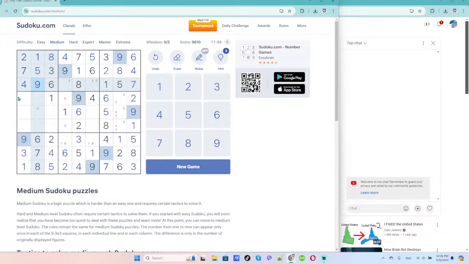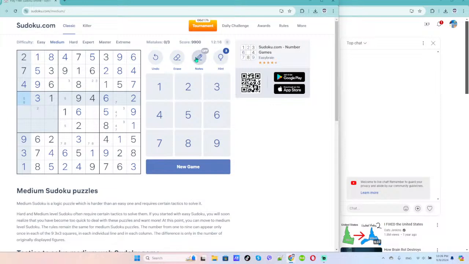Regarding this row, I see 7, 3, 5, and 8 missing. And also, I see these 3 candidates appearing in the same column. That means that the 4th candidate can only go here. And 3. That means that either 5 or 8 can go here.